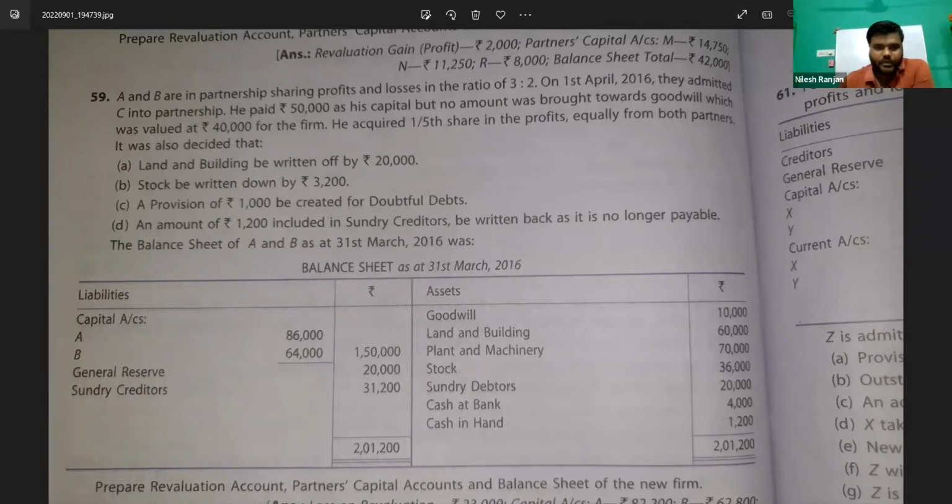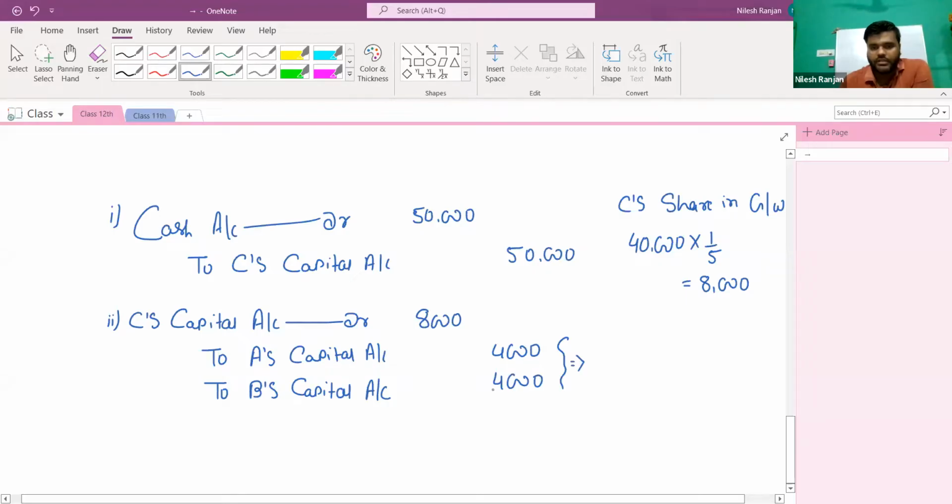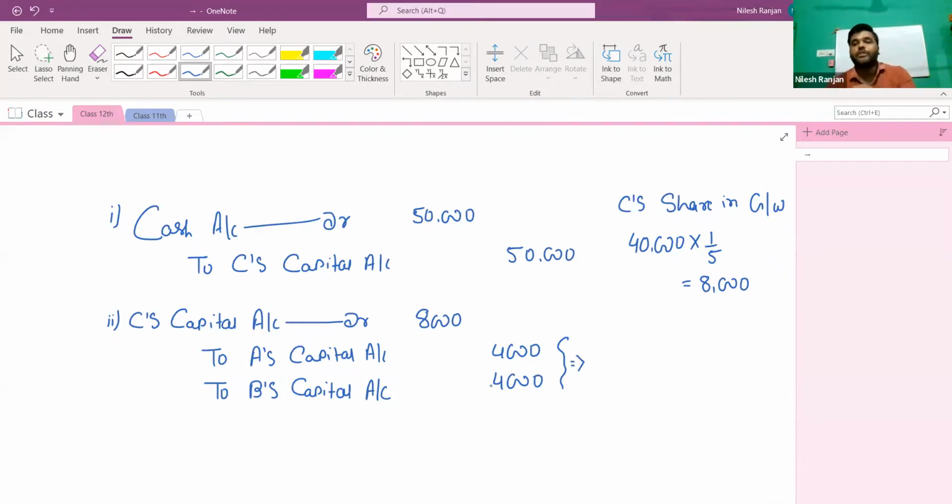So we have distributed the goodwill in this ratio, because I told you that goodwill is brought by new partner for sharing profit, and he is getting his share in profit from which partner?